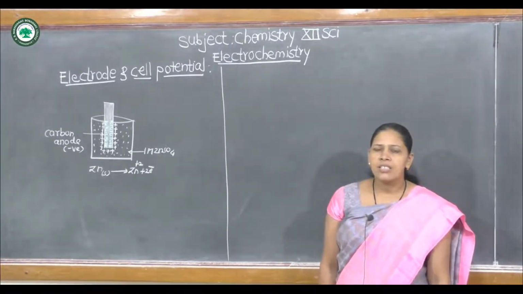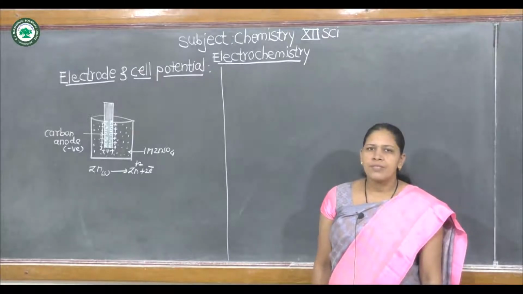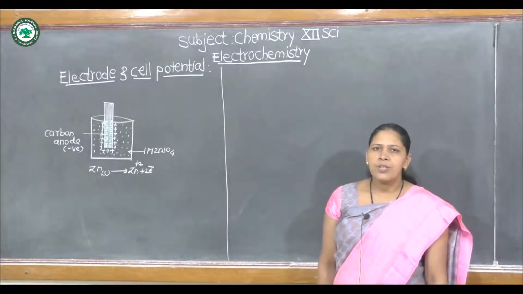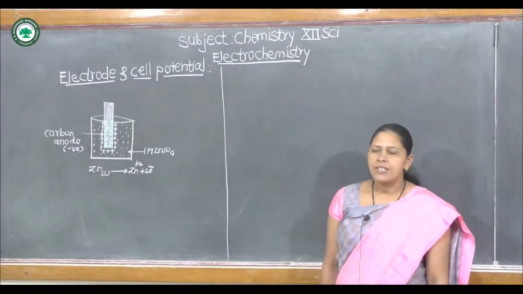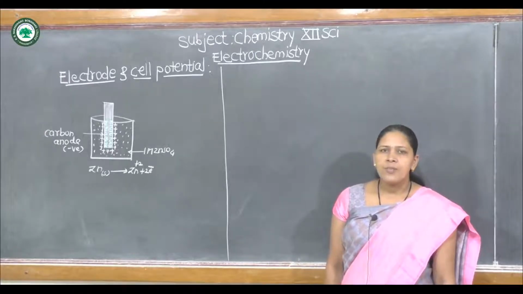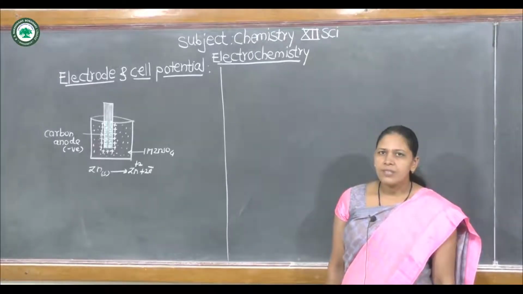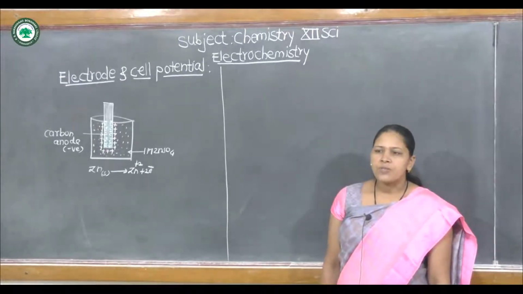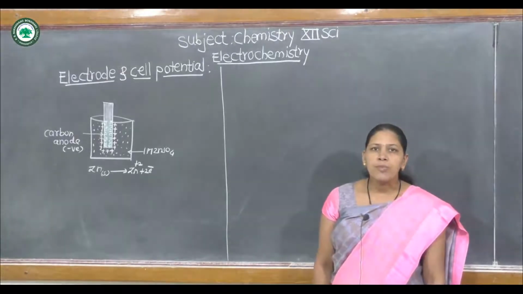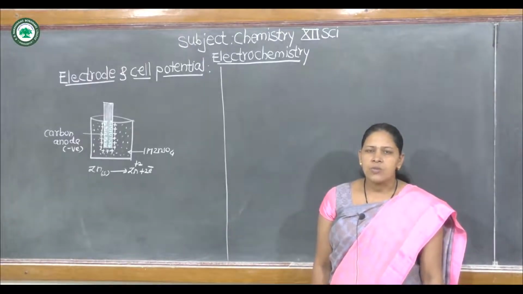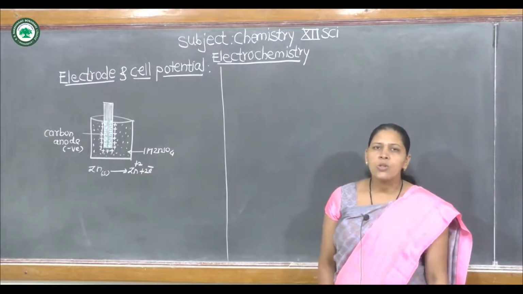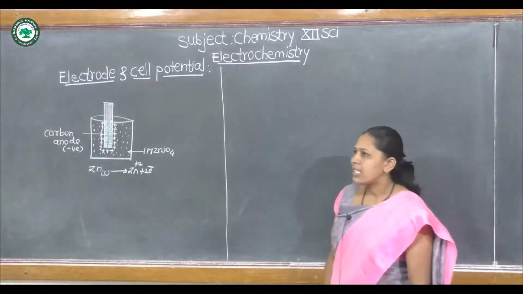We know that in a galvanic cell there will be two half cells present. In one half cell, a solid electrode is immersed in a solution of its own ion of known concentration. Look here.